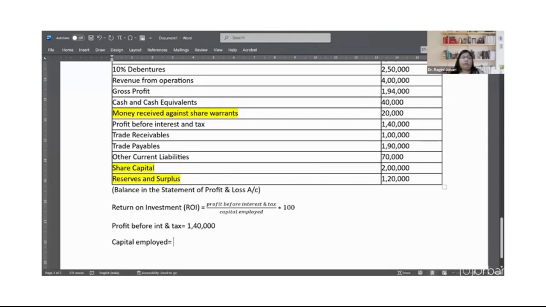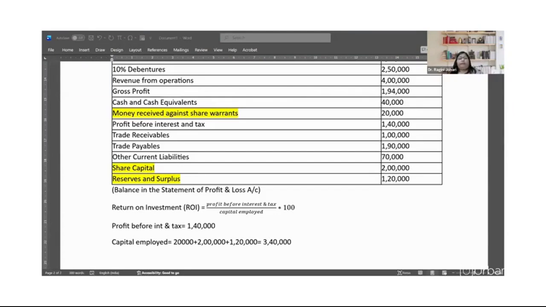So money received is 20,000 plus share capital is 2 lakh plus reserves and surpluses is 1 lakh 20,000. So this makes it how much? 3 lakh 40,000. Okay. Now we are going to use these numbers to find out a return on investment.